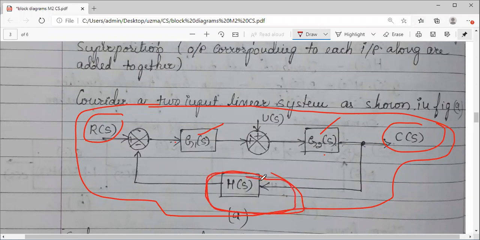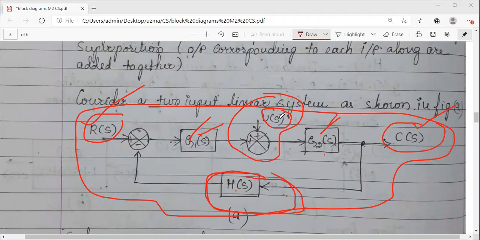There is a feedback, there is a transfer function, feedback transfer function H of S. There is an input R, there is an output C. Instead of single G of S, I have two gains, two transfer functions G1 and G2, of course. One important difference, I have addition of U of S. So you can consider this as a noise, or you can consider this as any other signal. You can assume.